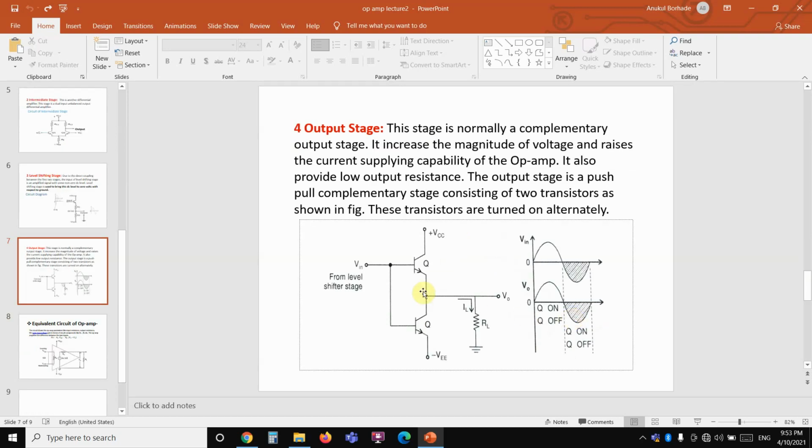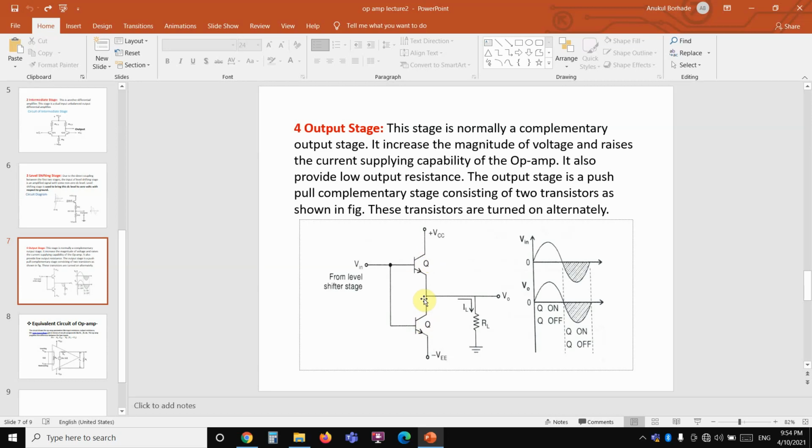Then this is the last stage of the op-amp, that is the output stage. The output stage is known as the complementary symmetry push-pull amplifier stage. Means in this stage two transistors are used, and these two transistors conduct alternately. Means if one transistor is in conduction, at that time the other transistor is out of conduction, right?